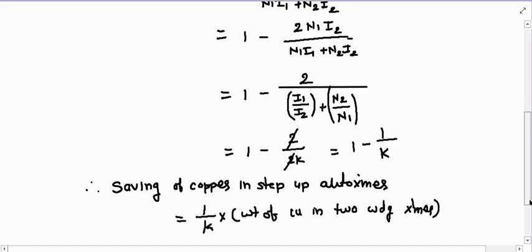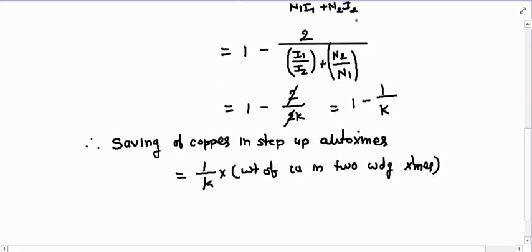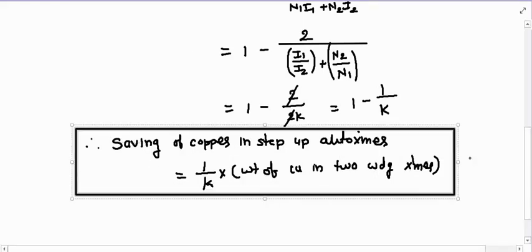I have kept the in-between step for you because I explained it in the previous section. Saving in the copper is nothing but what formula we have written? Weight of copper in two winding transformer minus weight of copper in the step-up auto transformer. The weight of copper in step-up auto transformer is 1 minus 1 upon K into weight of copper in two winding transformer. If you solve that, you will get this final equation. So this will be the saving in the copper. Let this be equation number 4.